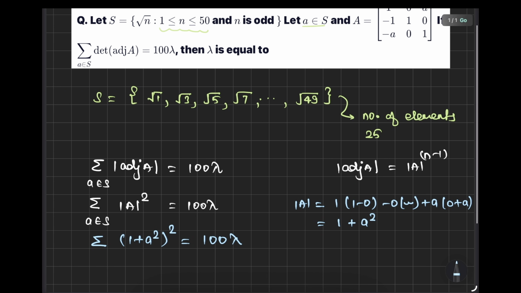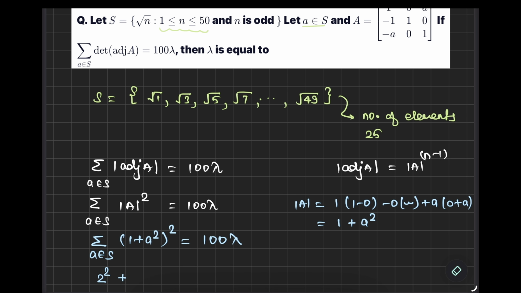Now you know that A belongs to set S. So the first number is root 1. Root 1 square will become 1, so 1 plus 1 is 2. So it is 2 square plus. Next value of A is root 3.